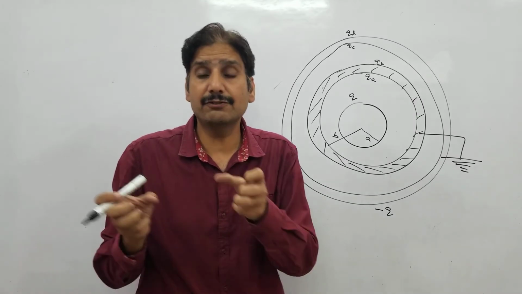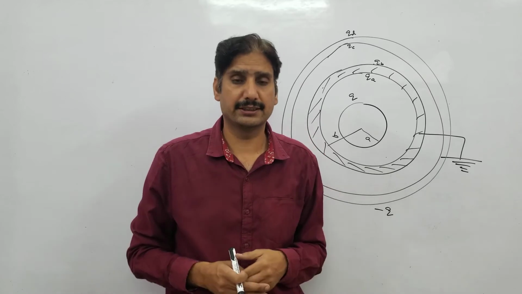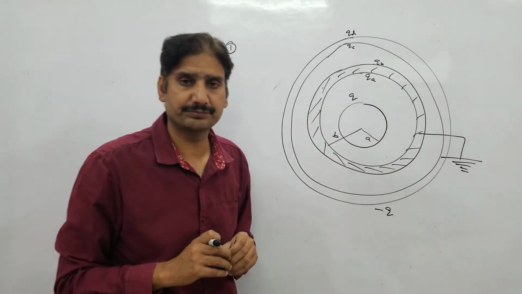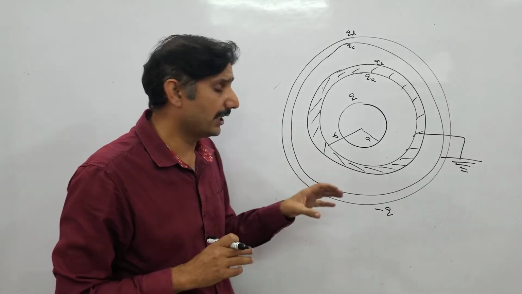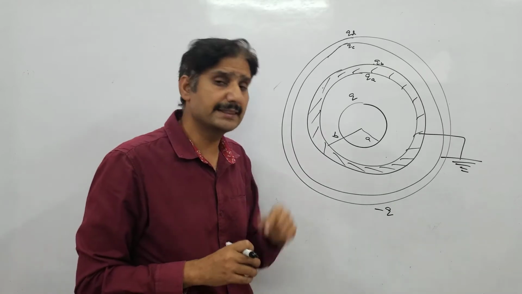So charges can flow from it, or charges can come to it. So charges on those spheres can change in magnitude, but the total charge on an isolated body would always remain conserved. This is the first point.